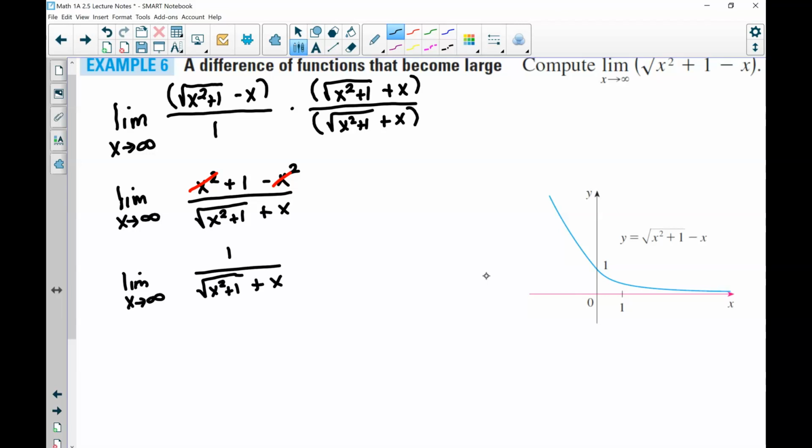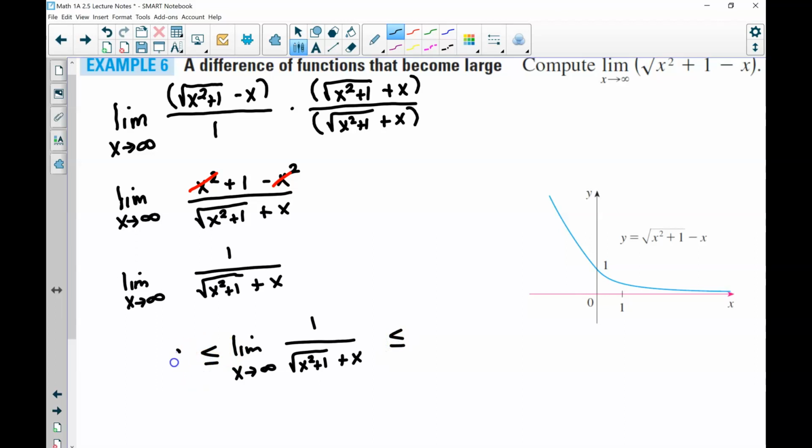Well, we know that this limit as x approaches infinity of 1 over the square root of x squared plus 1 plus x is in between two numbers.